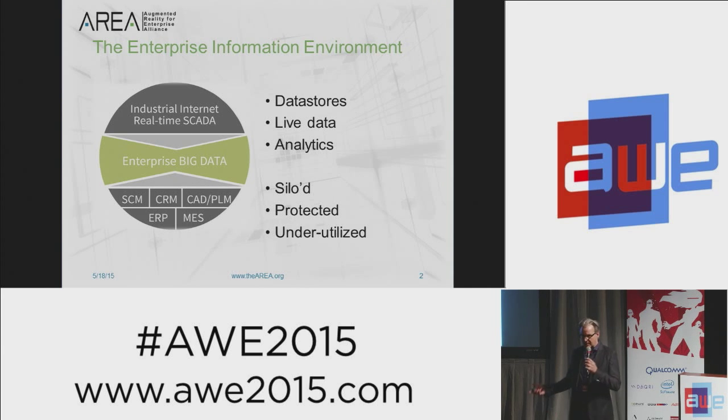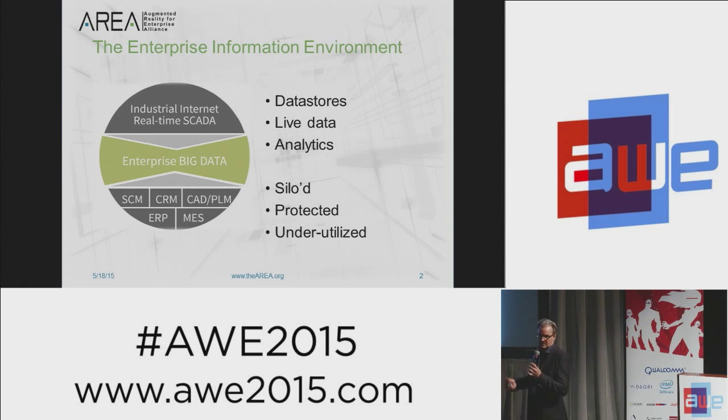Those data stores take in information dynamically, but also hold a deep history of data, and they tend to be very siloed, very focused around specific disciplines, specific organizations, owned and protected. How do you get access to that stuff? How do you connect it to other things across the silos? So it's not just about, can I get access to my data? Can I actually speak to somebody else in the company so that I can get it and connect it to something else?